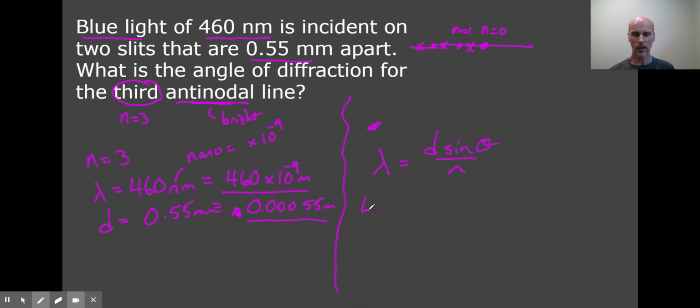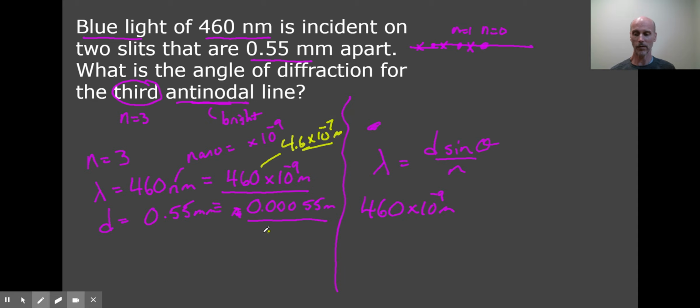So let's put it into the equation and see what we get. 460, and again, if it's up to me, I would just literally put it into my calculator this way. I mean, if you really want to show off your scientific notation and write this as 4.6 times 10 to the minus 7, good for you.